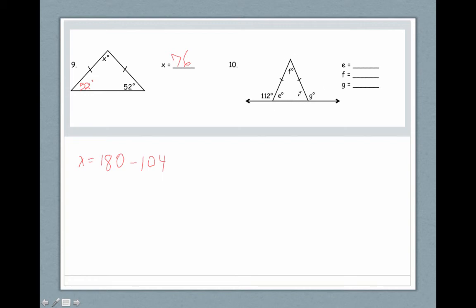Isosceles again. So this is E. So G is 112 because G is a linear pair with E and 112 is a linear pair with E. So that one is 112. E is 180 minus 112, so that's going to be 68.